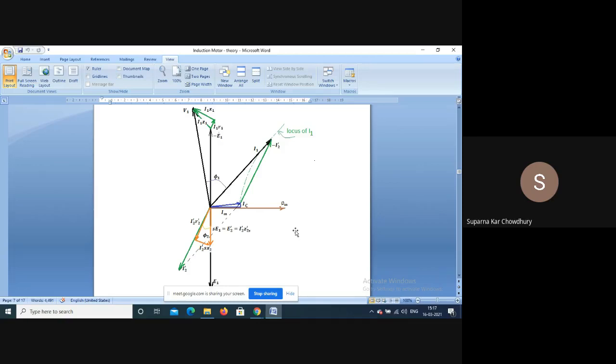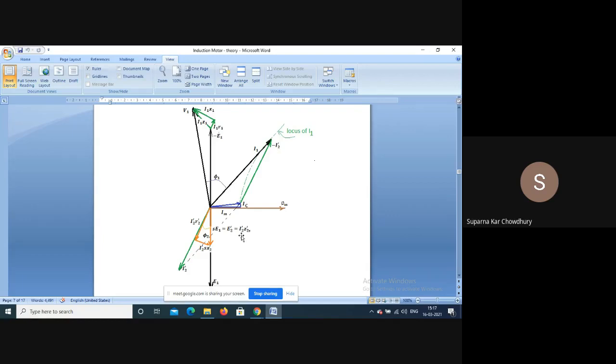That is because of the presence of the air gap. There is an air gap between the stator and the rotor, and the flux should be created across the air gap. So the air gap has a high reluctance, so more current is required to establish the flux through the air gap.